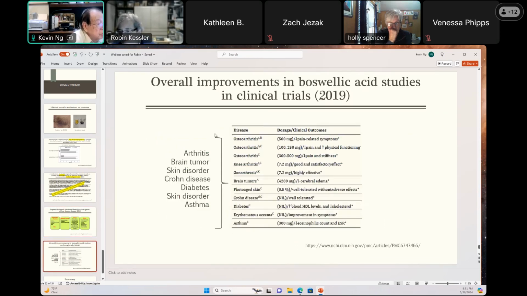Overall, boswellic acid reduces the pain in arthritis. One case, a brain tumor, seems to respond very well to it. And also a skin disease, diabetes, and asthma.